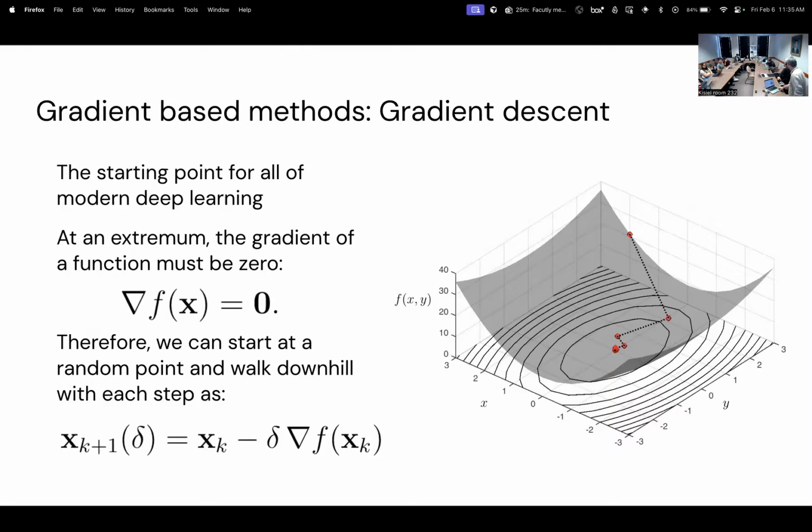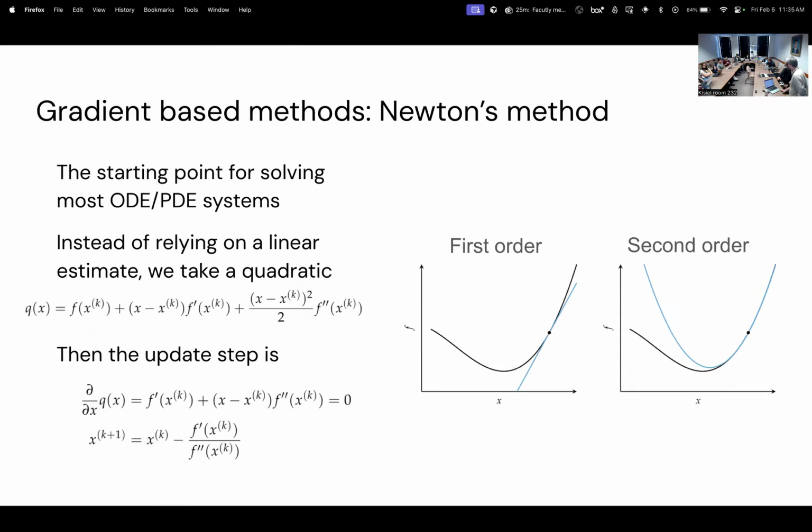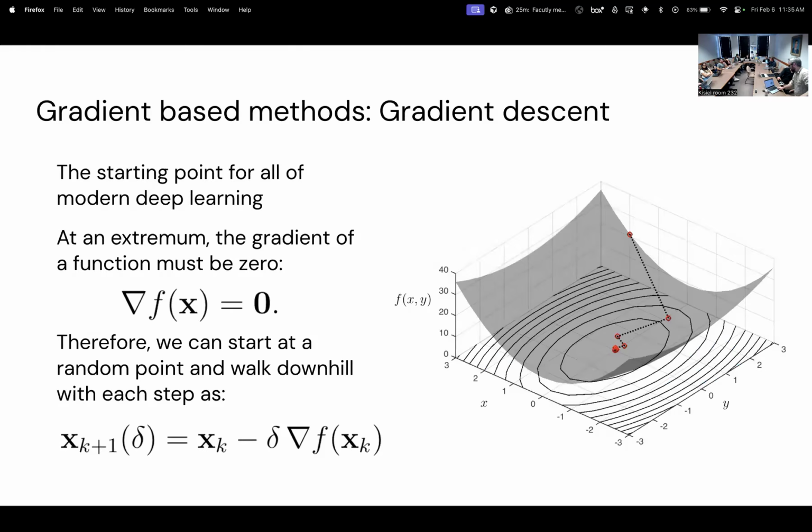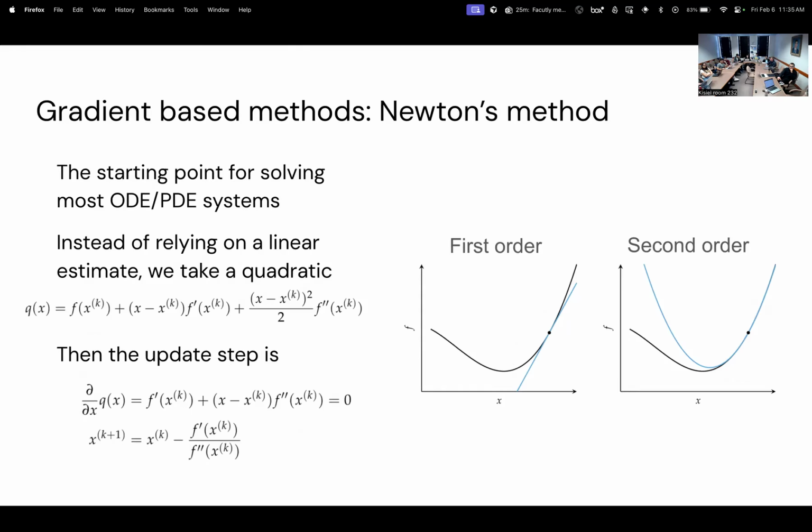So you're ignoring any curvature or any other features of your function. So obviously you can go to higher order methods. And I do want to make sure I highlight this: deep learning, solving PDEs or ODEs, almost entirely, not entirely, but for the most part, the differentiator.